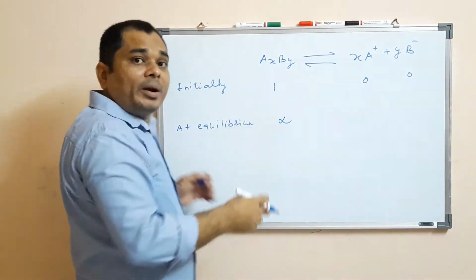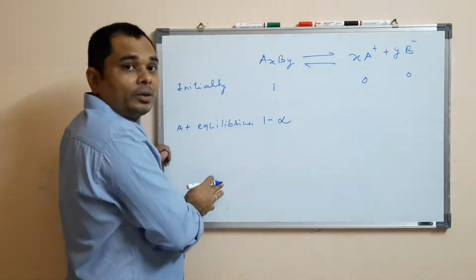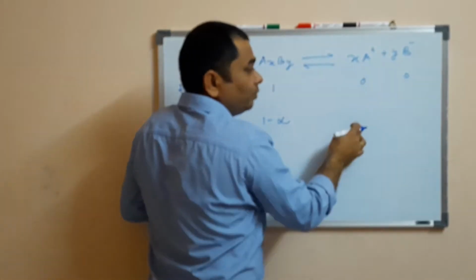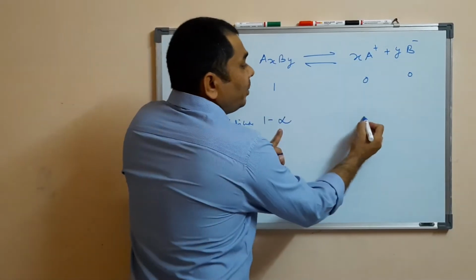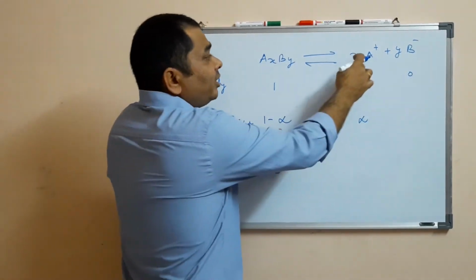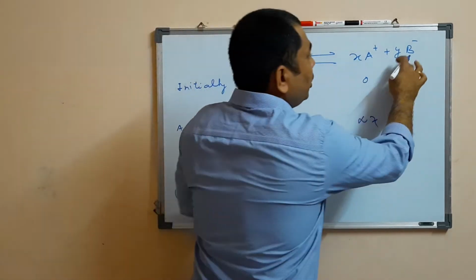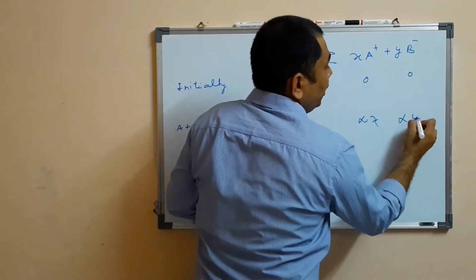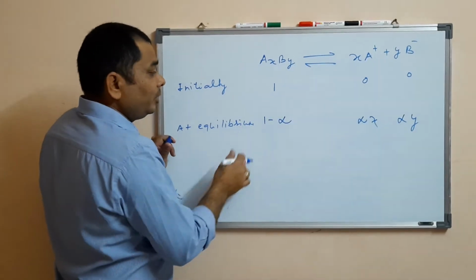So what is the number of particles that will remain undissociated? It will be 1 minus alpha. So what is the number of particles of this that will be formed? See, for each particle, alpha particles will undergo dissociation. So what is the number of particles formed? Alpha into x. Here what is the number of these particles formed? Alpha into y. So what is the total number of particles which are available?